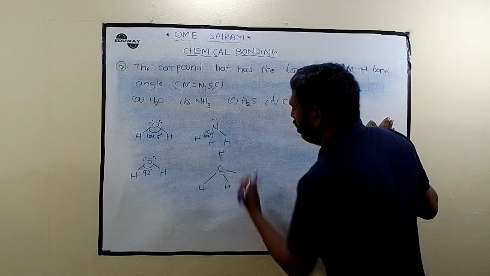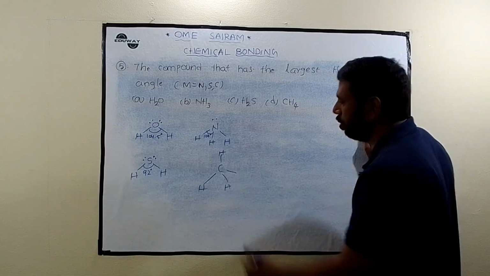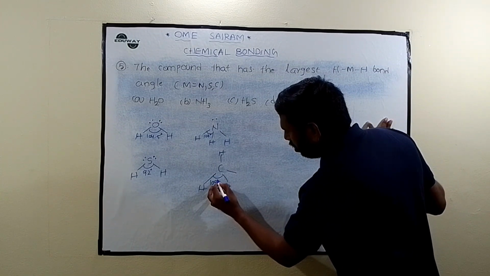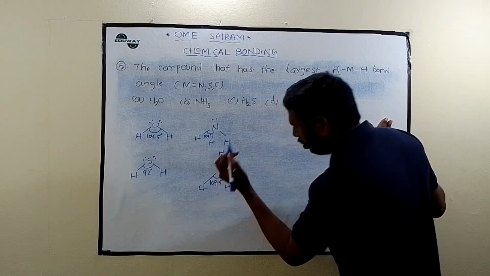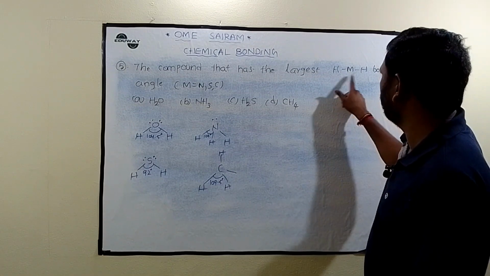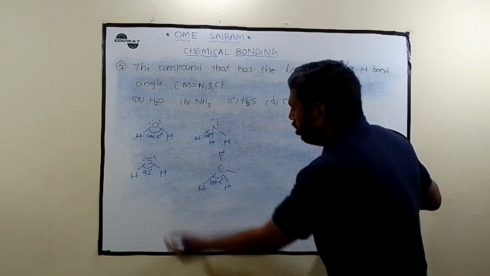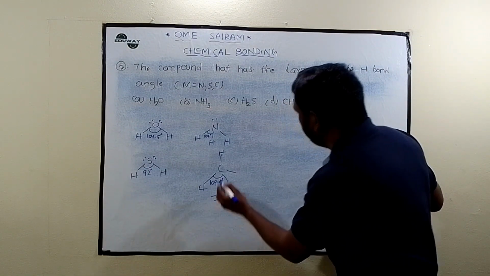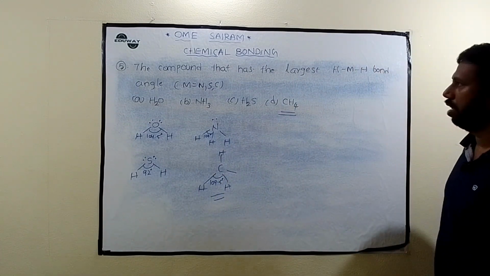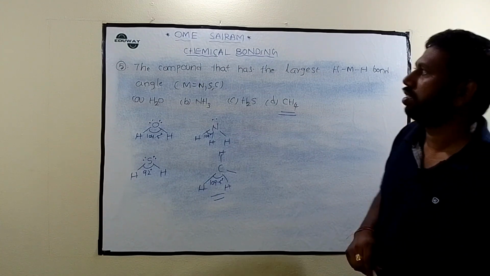It has sp3 hybridization and no lone pairs. So the bond angle, as you already know, is approximately 109.5 degrees. So which one has the largest HMH bond angle? Absolutely, CH4 has the largest HMH bond angle. Have you understood? Thanks to all for watching my video.